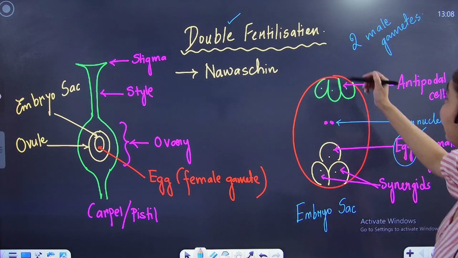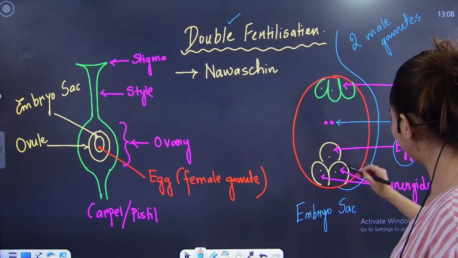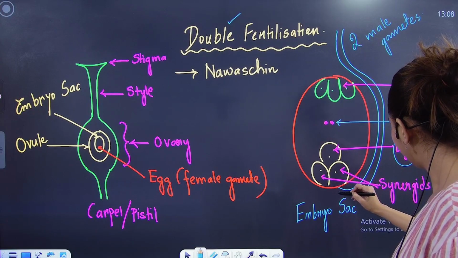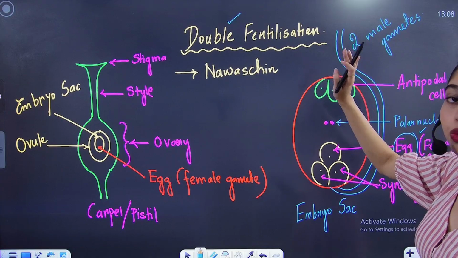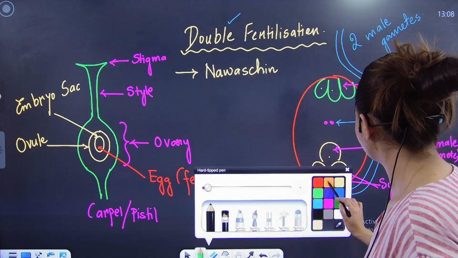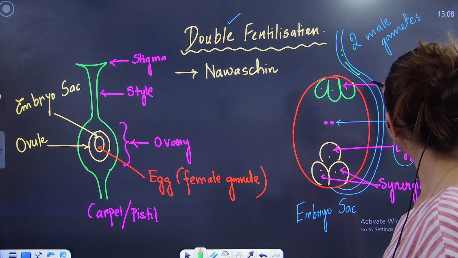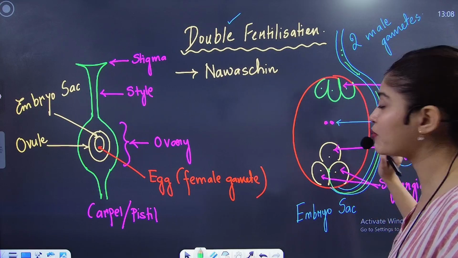Now let's see the other structure that the second male gamete fuses with. The male gametes come through the pollen tube. This is the way through which the two male gametes travel, and finally come inside the embryo sac.